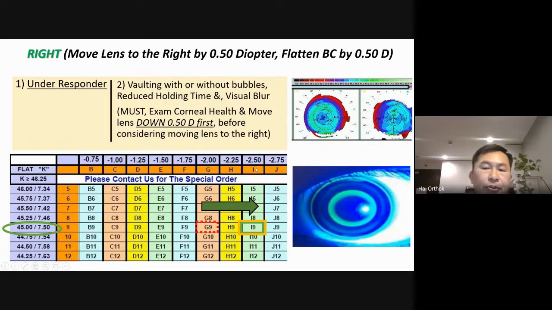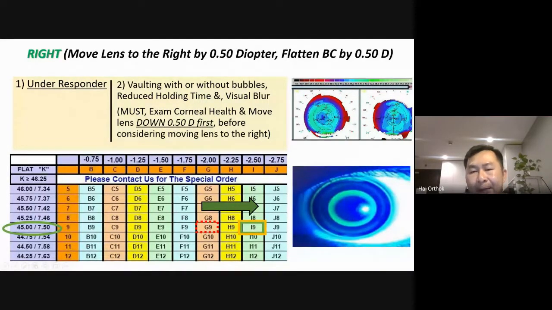Now I will use -2.5 to correct -2 diopter. We change the base curve, so the -2.5 lens is half a diopter flatter and stronger in the central cornea. The reverse zone will change accordingly, and the alignment curve will stay the same.